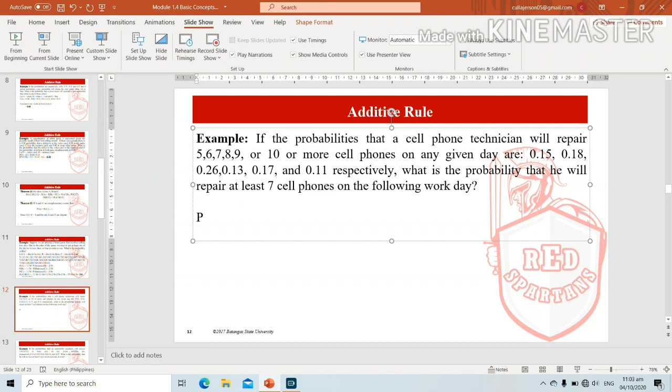Probability ng at least 7 is equal to 0.26 plus 0.13 plus 0.17 plus 0.11. So, ang answer natin is, pag-a-addin lang natin yung probability. So, 0.67 or 67%. Yan.